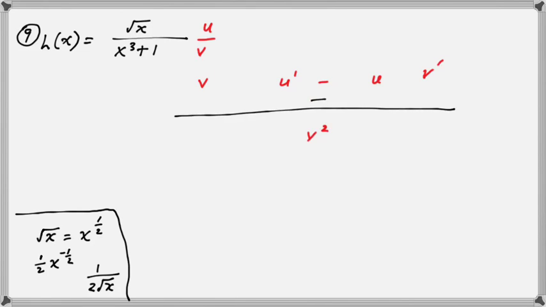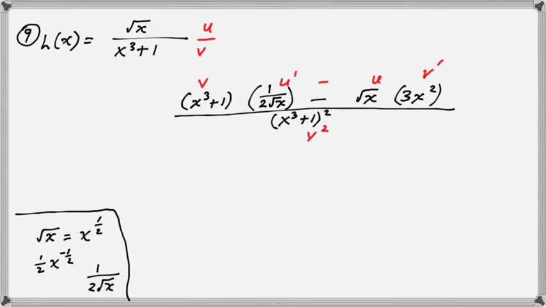And all we have to do is fill everything in. V is the bottom, x to the third plus 1, times u prime, which is a derivative of the top, which we just found down here. What was that? 1 over 2 radical x. Minus u, which is radical x, times the derivative of the bottom, which is 3x squared, all divided by the bottom squared.